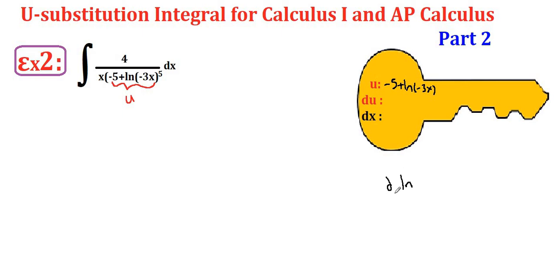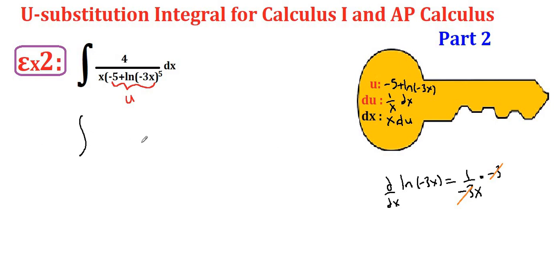The derivative of ln of negative 3x will be 1 over negative 3x times the derivative of the inside function, which is negative 3. Negative 3 cancels negative 3, leaving 1 over x. So du is 1 over x dx, and dx will be x du. If you multiply both sides by x, you solve for dx as x times du.